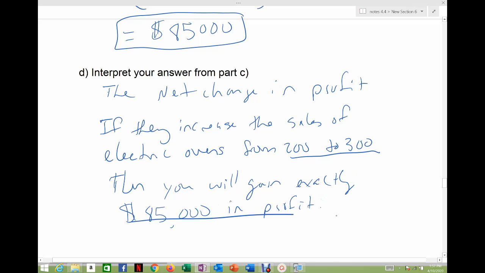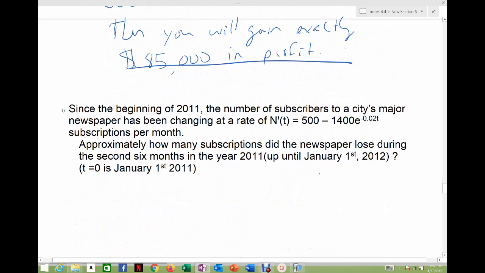All right, so that's how much profit is achieved when we sell this specific 100 electric ovens. All right, not any 100, specific 100 between 200 and 300. If I picked a different 100, I might get a different amount of profit. All right, so that's an example of the net change theorem in an application.